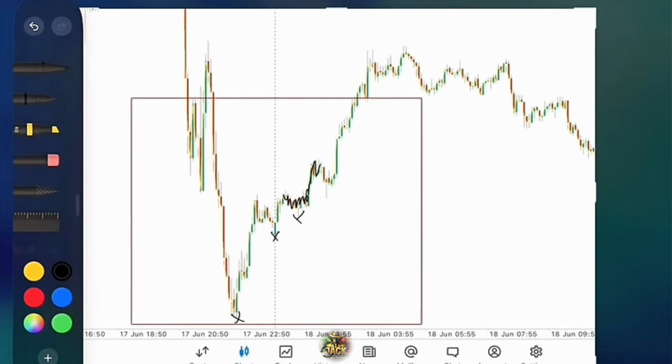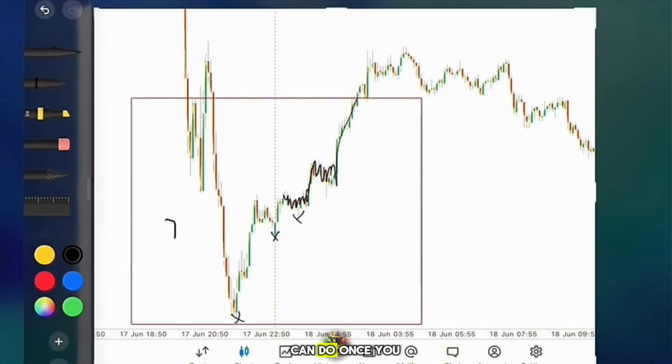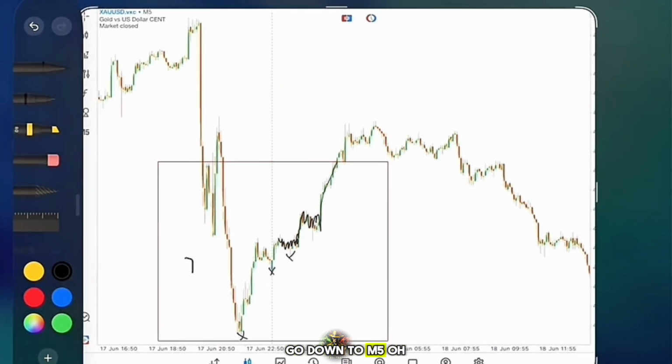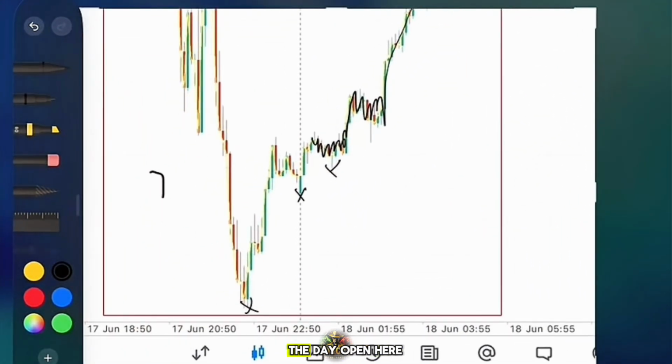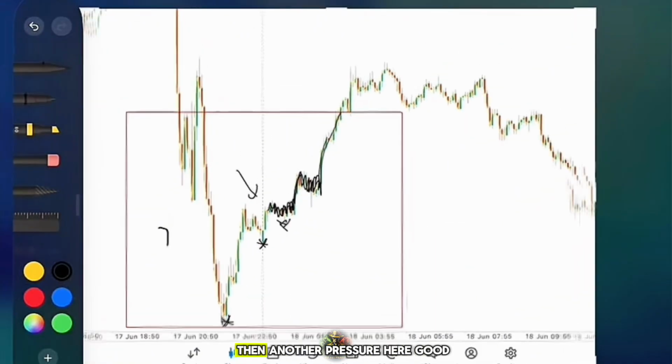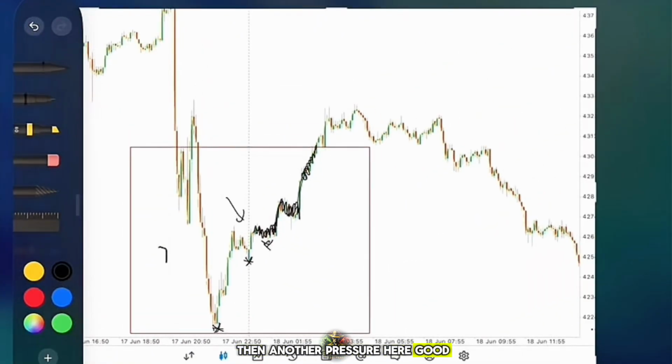The day opens here, boom, boom, boom. Pressure here, another pressure here, then another pressure here. Good.